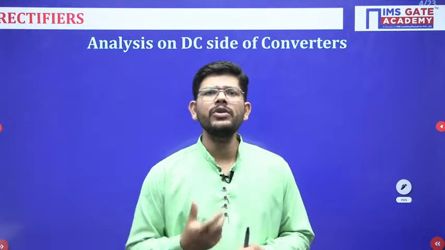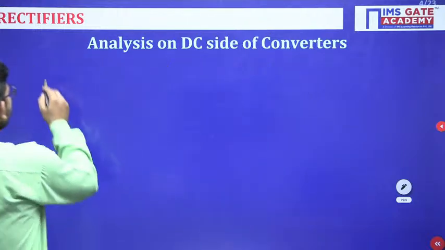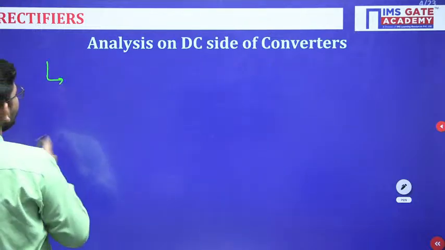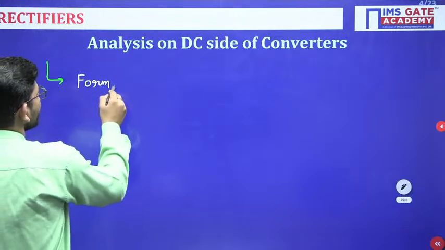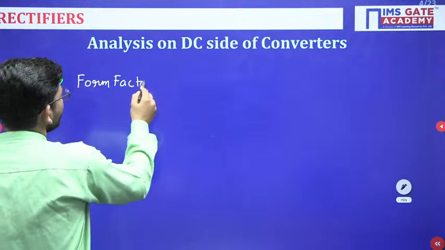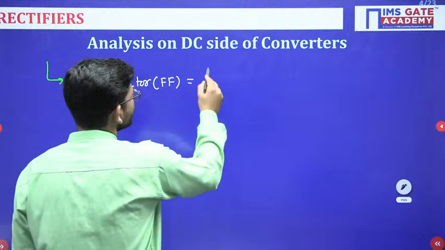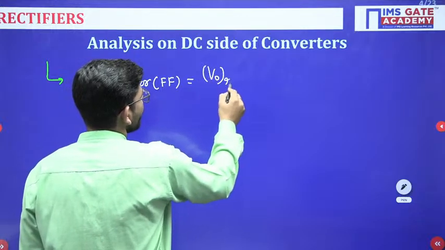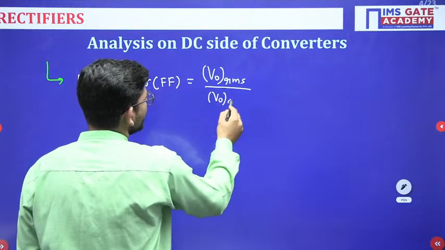So when it comes to the DC side, in order to measure the effect of these harmonics, we will be calculating something called the form factor. This will be equal to the RMS output voltage divided by the average output voltage.